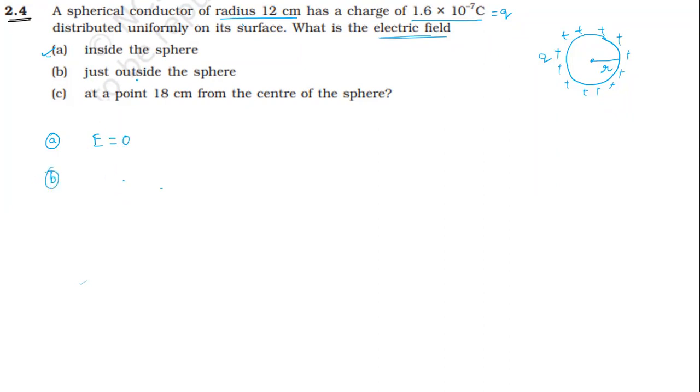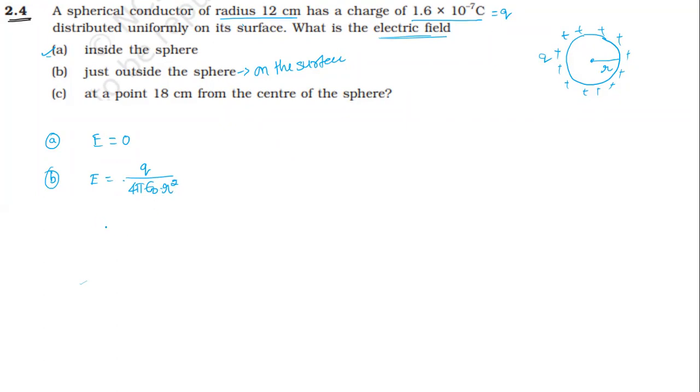Second part, just outside the sphere. Just outside the sphere means on the surface of the spherical conductor. So what is the formula now? Electric field is equal to charge Q divided by 4 pi epsilon naught R square.